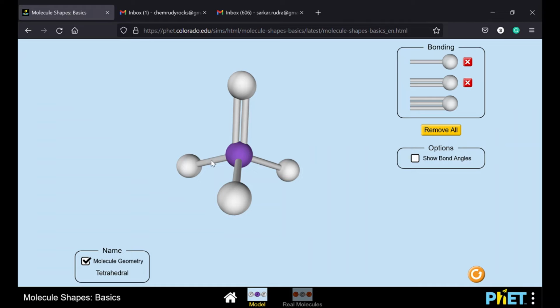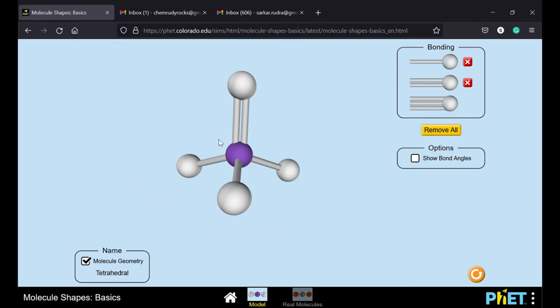If I call this angle over here y, what will be the relation between x and y? Again, using the same logic, that multiple bonds repel more with a single bond in comparison to single bond repulsion, x will have a higher value than y.